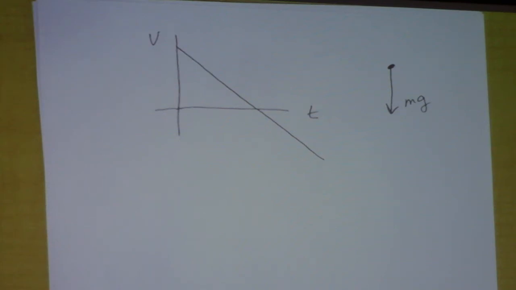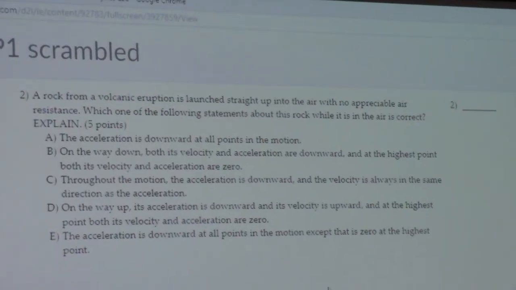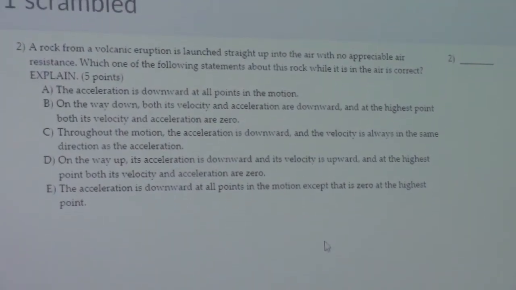But let's read through the other ones. On the way down, both the velocity and acceleration are down. At the highest point, the velocity and acceleration are 0. So at the highest point, the velocity is 0, but the entire time, the acceleration is down.